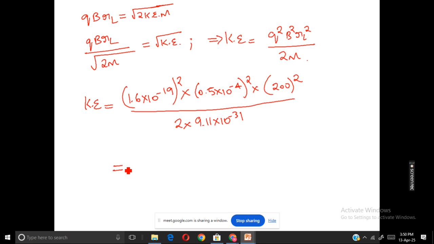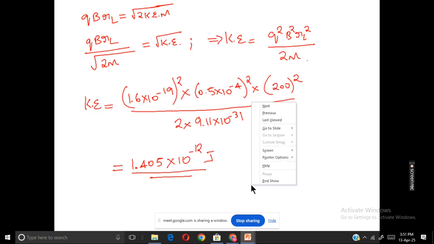It will be 1.405 into 10 raised to minus 12 joule. This will be the answer, 1.405 into 10 raised to minus 12.